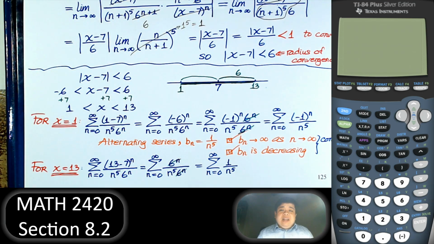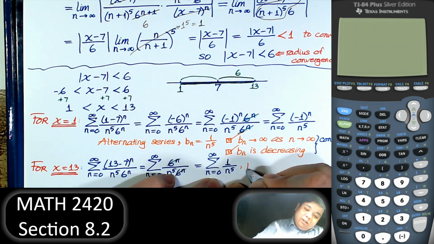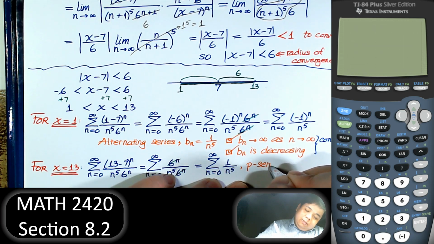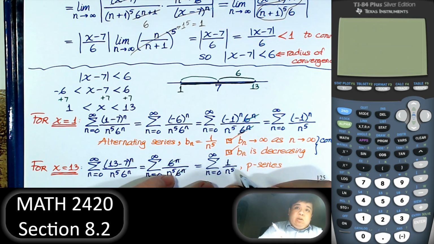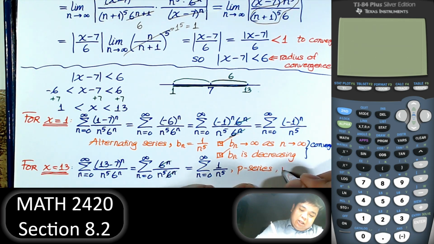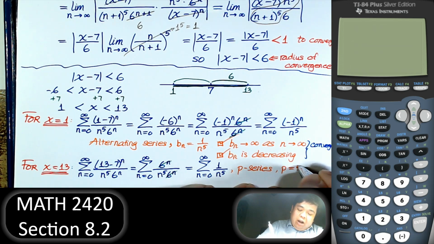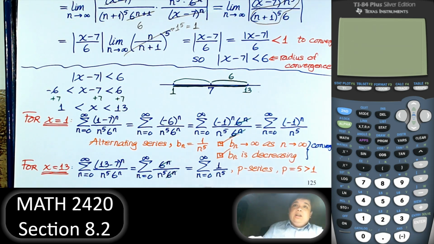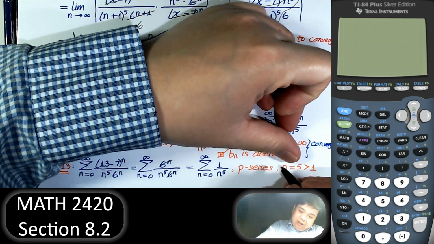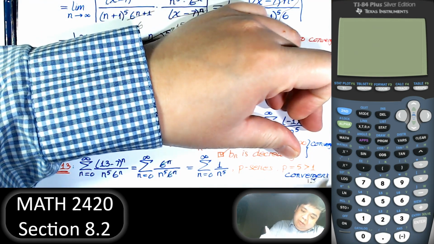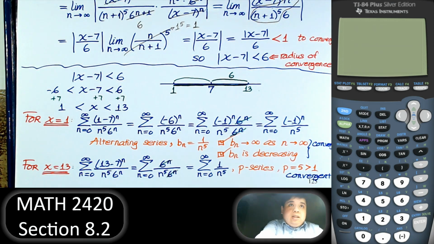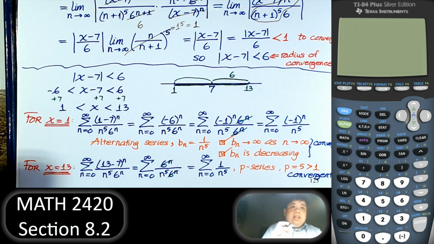Now, this is a p series where p equals 5. Any p series with power greater than 1 is convergent. So p equal to 5, which is greater than 1, is convergent. So either case, x equal to 1 or 13, is convergent.